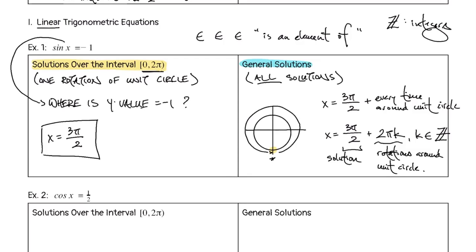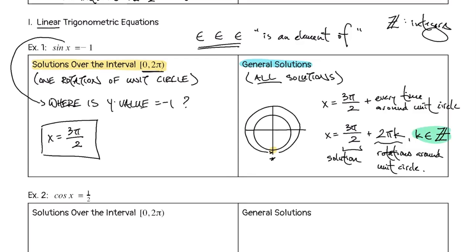So take a moment real quick and practice writing that. What does your script Z look like? How do you write this half moon thing with the line in it that says is an element of? But this part right here is the part that guarantees that we're doing full rotations around the unit circle, like 2 pi.